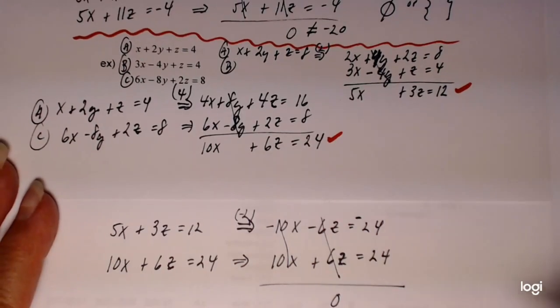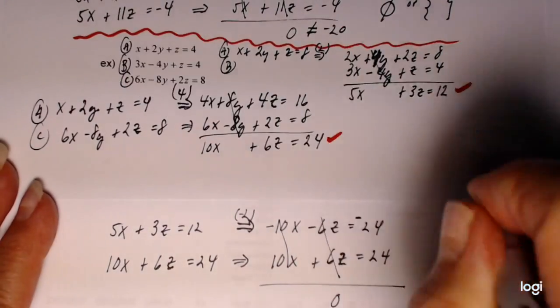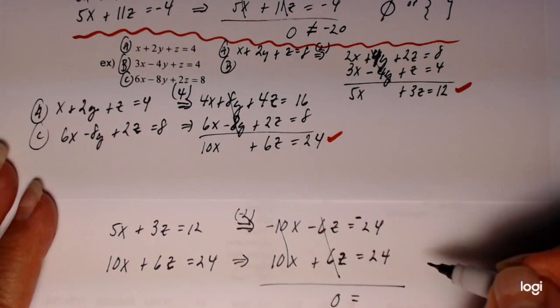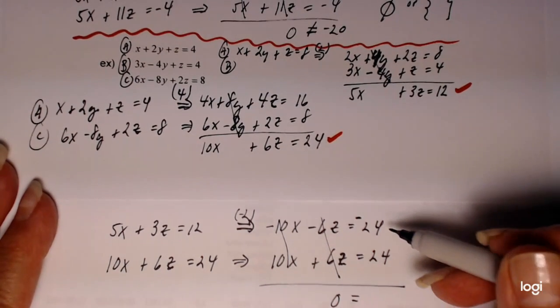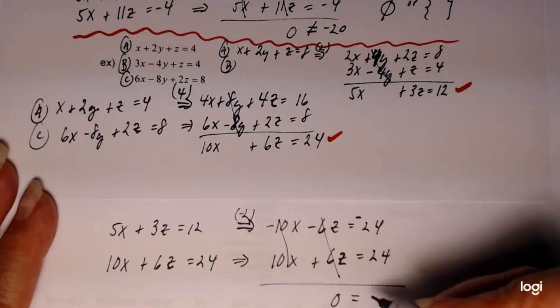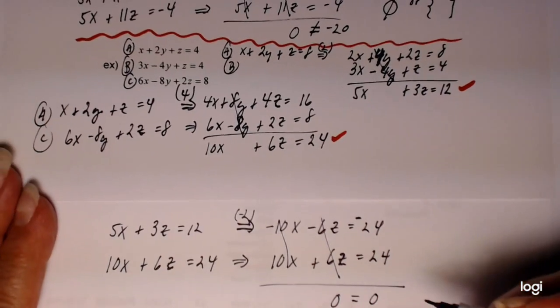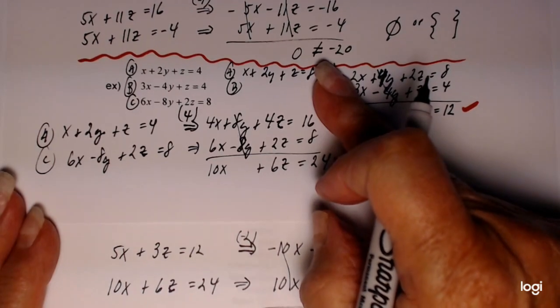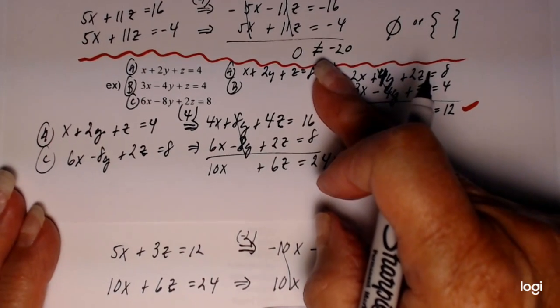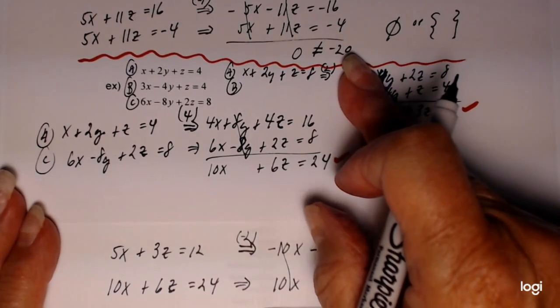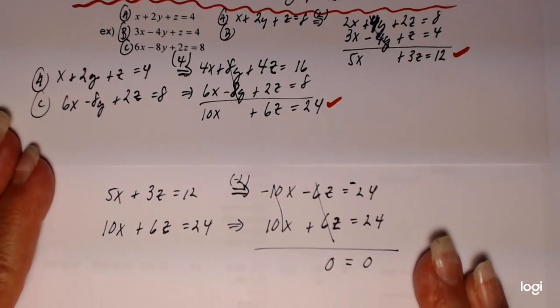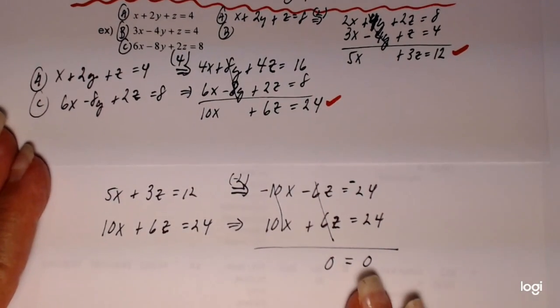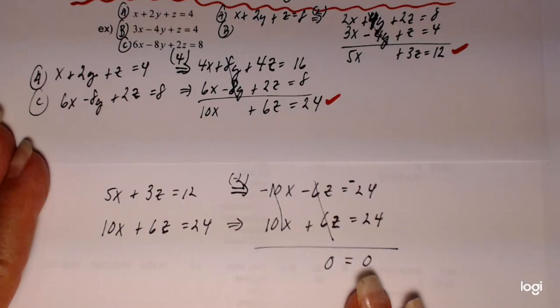So we have 0 on this side of the equation, similar to what happened up here. However, now on this side of the equation, look what happens. Negative 24, positive 24, those also cancel. So different from the last situation, where all the variables were gone but we still had a constant on the other side, in this example, both sides cancel to 0.